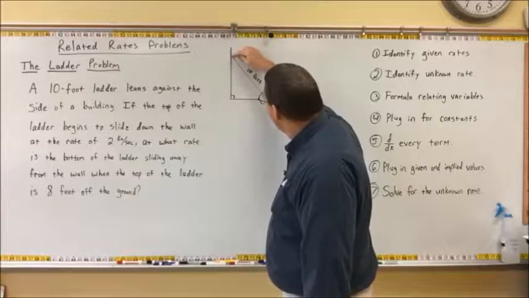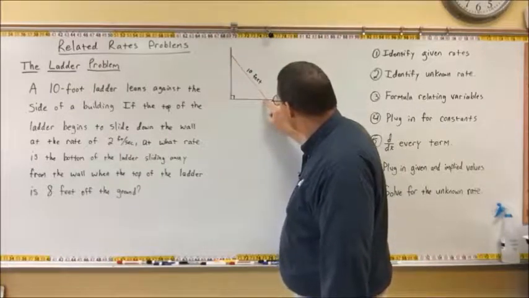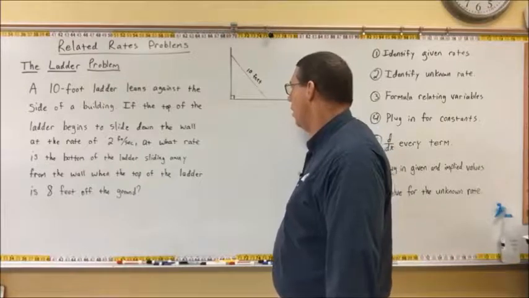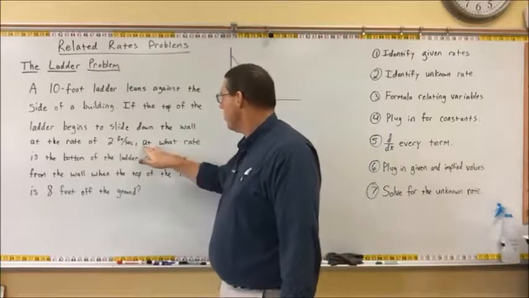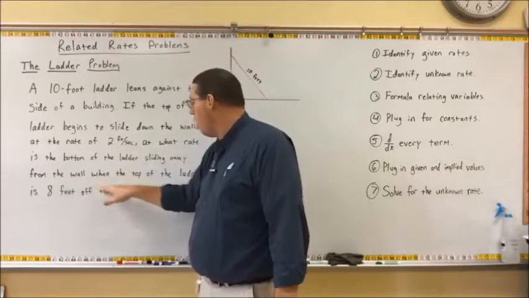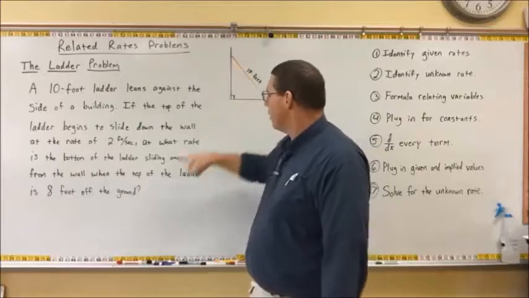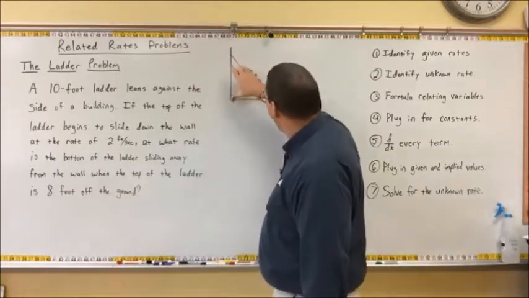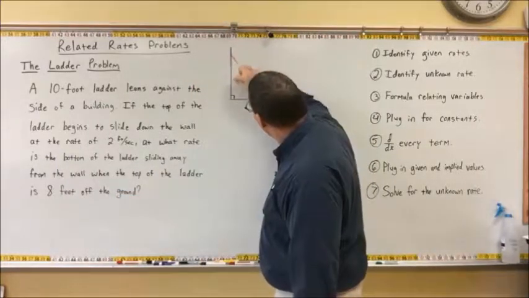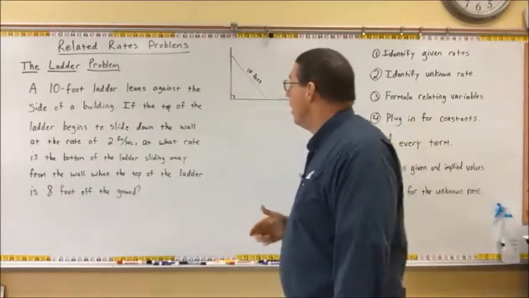When the top of the ladder slides down the wall, the bottom of the ladder slides away from the wall. The question is asking at what rate the bottom of the ladder is sliding away from the wall when the top of the ladder is 8 feet off the ground.